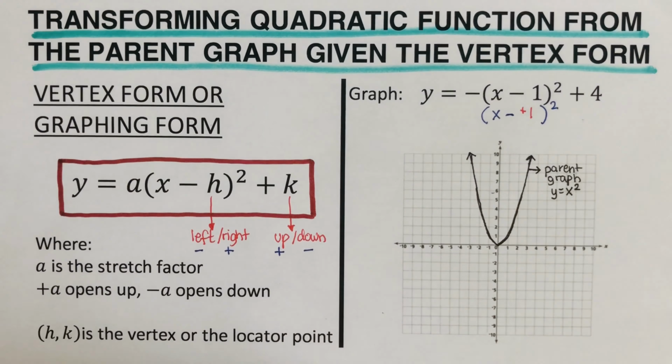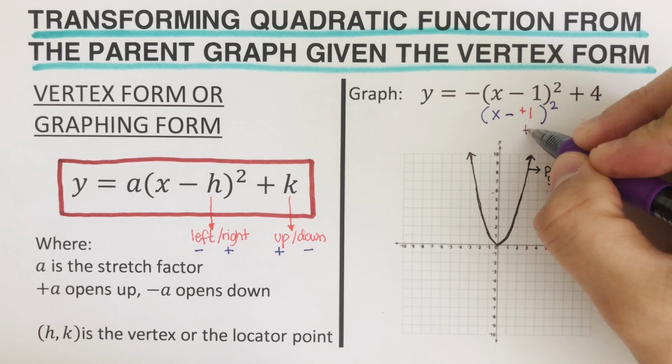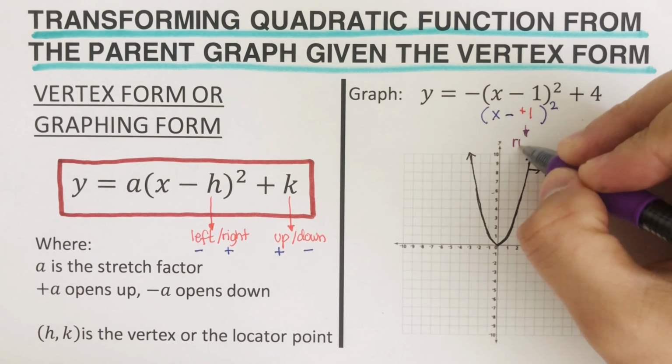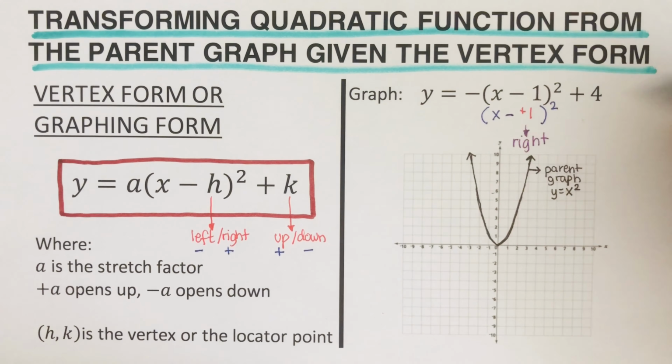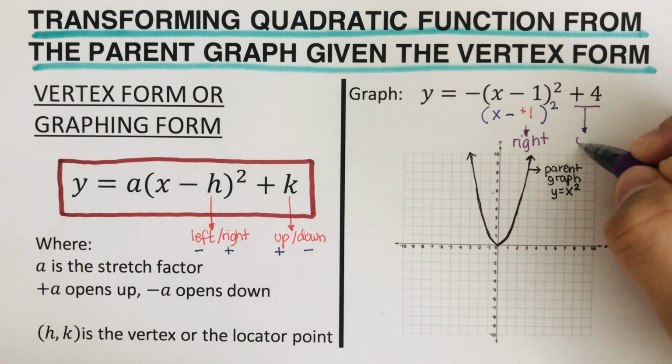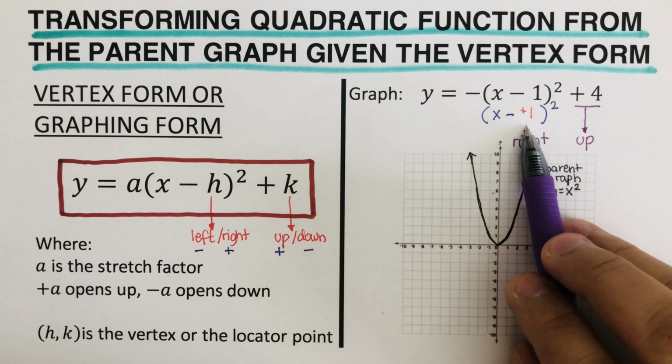So then it means that our H is actually positive 1. And if we say positive, then it goes to the right. And then since this is a positive 4, we go up. So we go up 4.